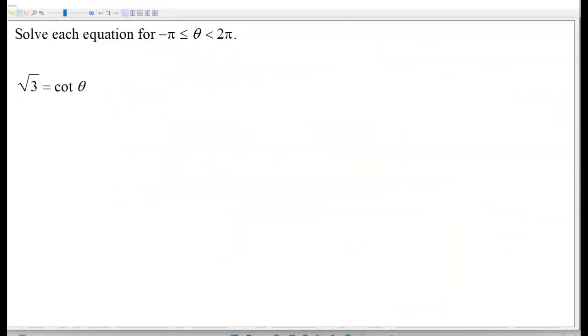Let's do one more of these, cotangent. With cotangent, we start by doing the reciprocal on both sides. We don't like having square roots on the bottom, so we rationalize.